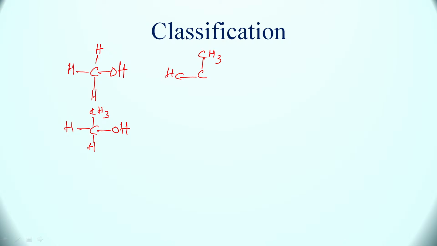In monohydroxy compounds we have only one OH group. Let us take the first one, and this is methyl alcohol, and this one is primary alcohol, and this one is secondary alcohol. This one is tertiary alcohol.